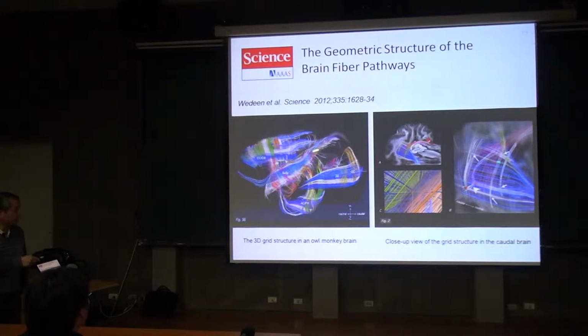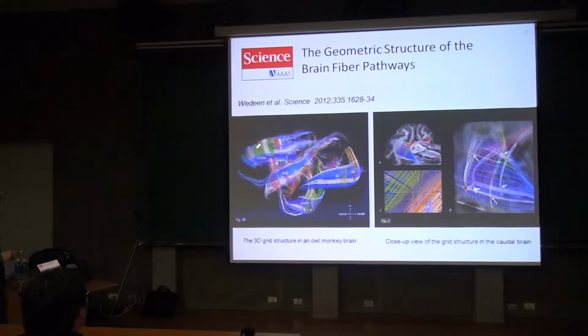And we start to see some organization patterns that we never saw before. Those fibers form a very highly regulated grid pattern. There are perpendicular grid patterns in every place in the brain.